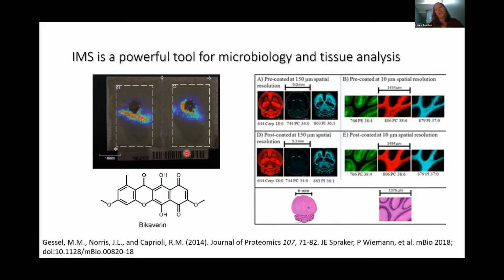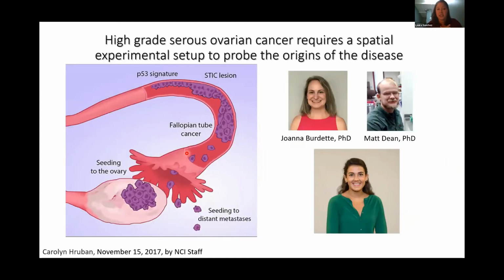And what we really wanted to do was merge this technology. The system we decided to do this with was high-grade serous ovarian cancer. Teamwork makes the dream work. Without Joanna Burdett and her postdoc at the time, Matt Dean, who's now an assistant professor at UIUC, and a former student in my lab, Catherine Zink, we basically got together and Joanna was like, you do all this really cool stuff with microbes.